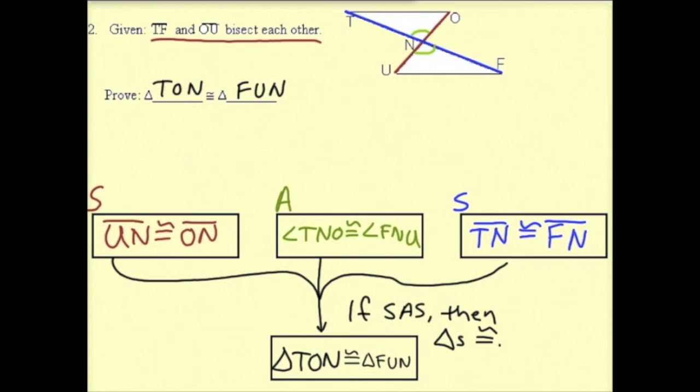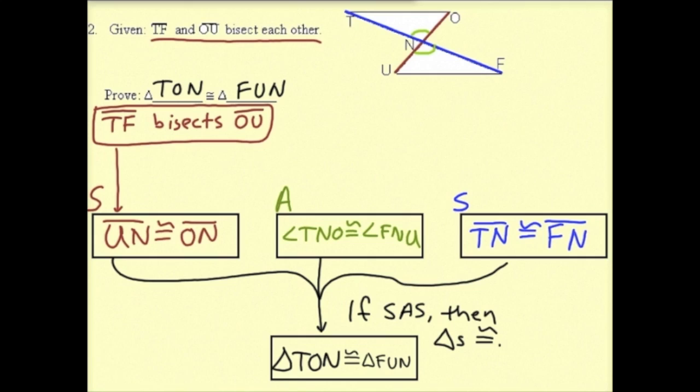So for the red segments to be congruent, which segment is doing the bisecting and which is being bisected? That's an important question. In this case, TF is doing the bisecting and OU is being bisected. The opposite is true for the blue segments, TN and FN. In that case, OU is doing the bisecting and TF is being bisected.